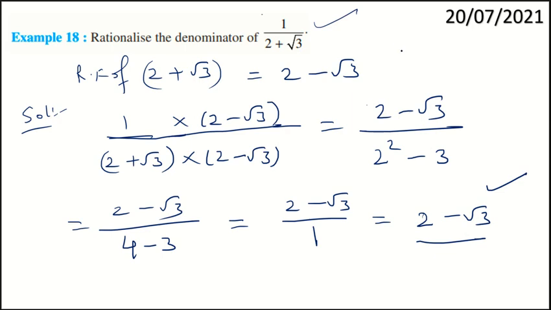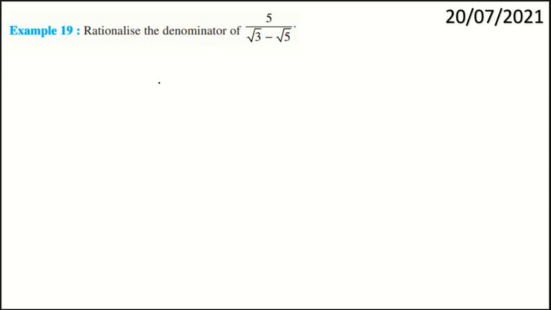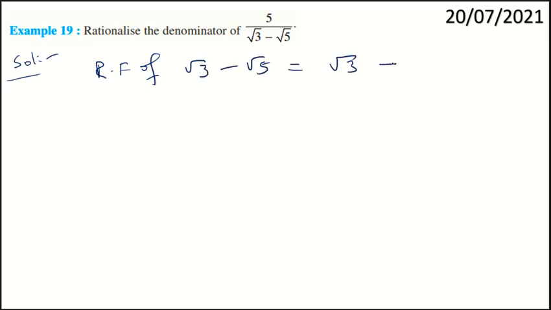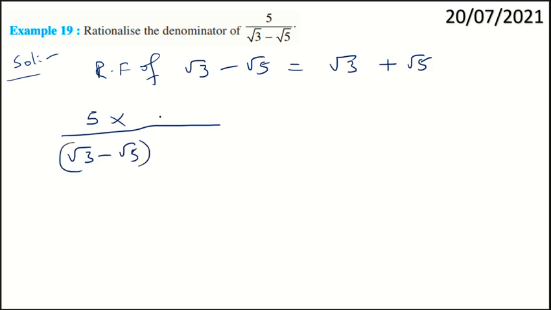Then moving on to the next example, number 19. Rationalize the denominator 5 by root 3 minus root 5. So here also, first we will find the rationalizing factor of root 3 minus root 5, where by just changing the sign, root 3 plus root 5, we will get the rationalizing factor. Now I will multiply both the numerator and the denominator by that rationalizing factor, root 3 plus root 5.